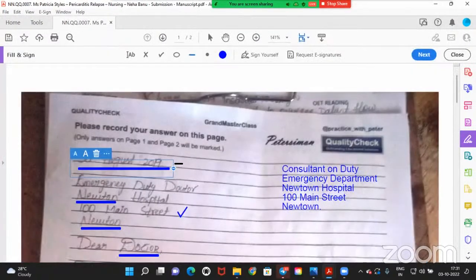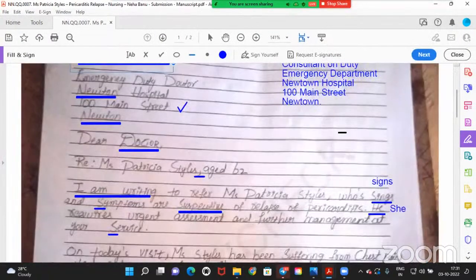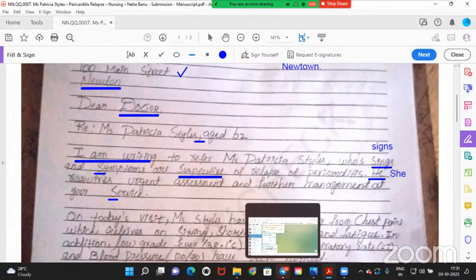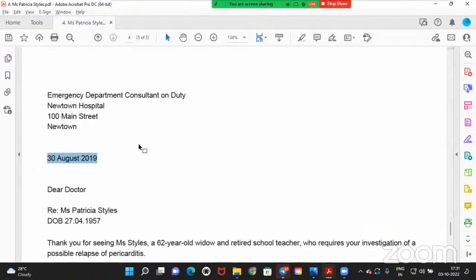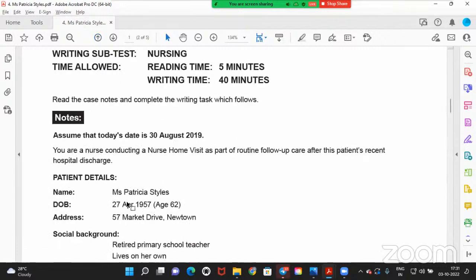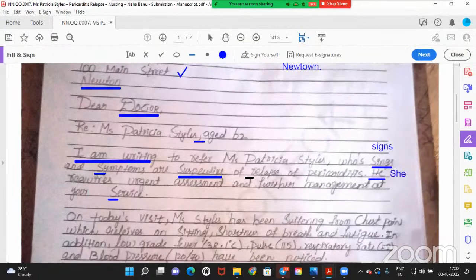Okay. Now here, we get age 62. Okay. Is the date of birth given? Check. Date of birth is given. So why don't you write date of birth? Date of birth is given, write date of birth. That is more important. So this is correct only. Age 62 is also correct.